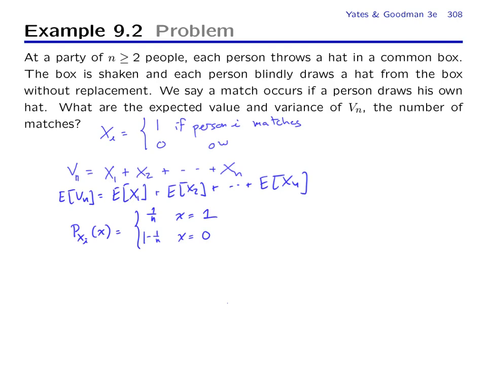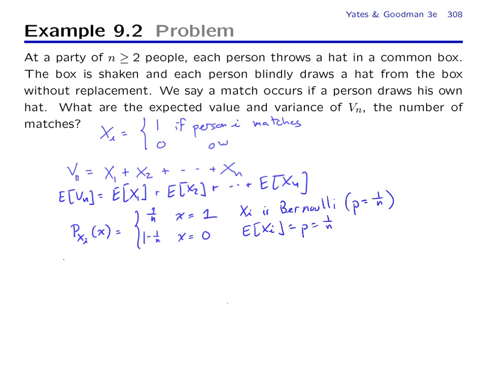So we see that each xi is Bernoulli with success probability p equals 1 over n. And so of course we know that E of xi is also equal to p, which is 1 over n.